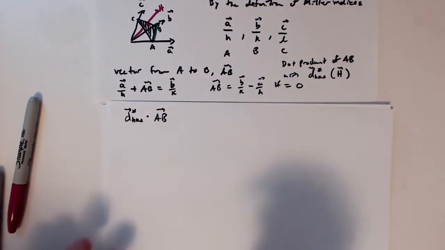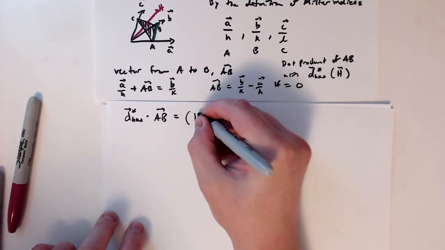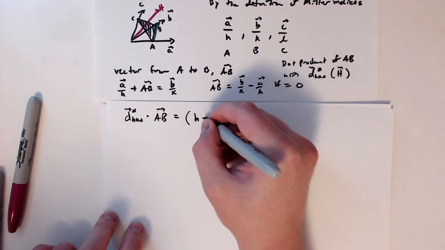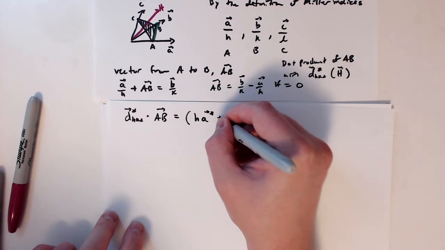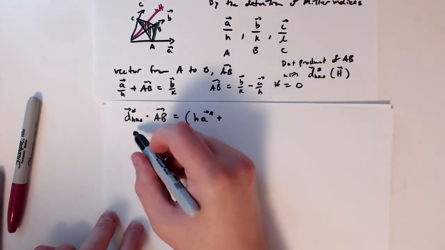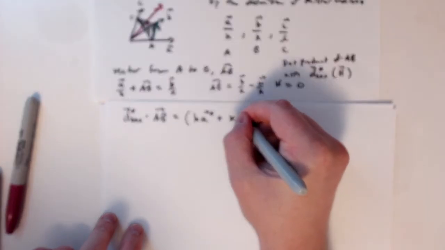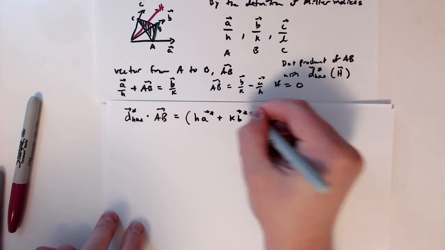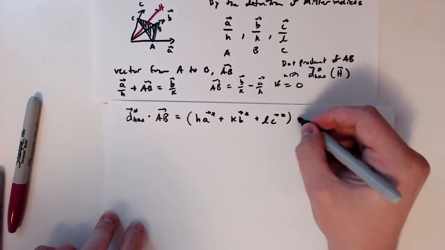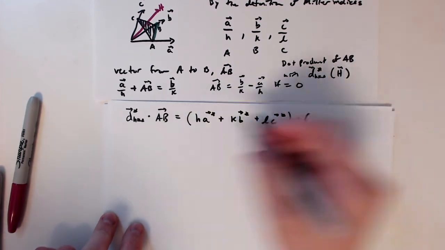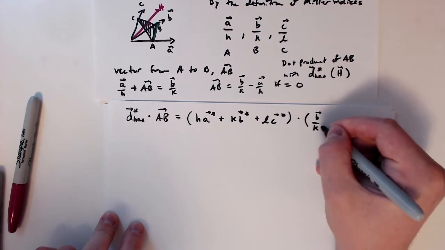So that's what we're doing there. The dot product is going to be, sorry, this is the definition for d*HKL. I'm just going to write that out, and then dot the definition of AB, the vector AB which we just came up with, which was this.